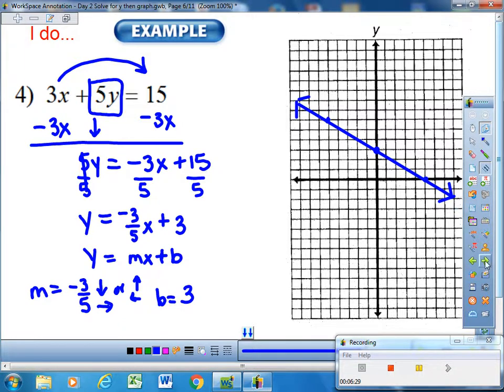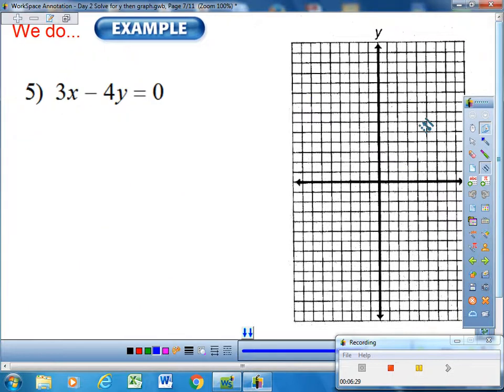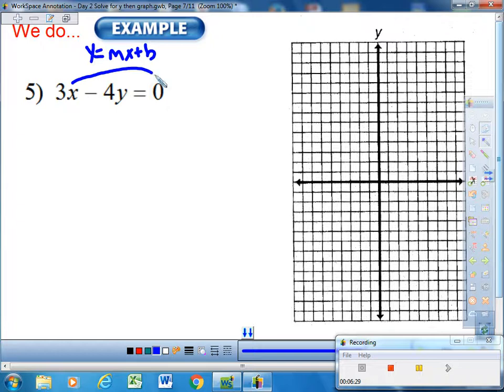Okay, so let's try one together. Write this down. Okay, it is not in y equals mx plus b form, so I'm going to send the 3x over by subtracting 3x.